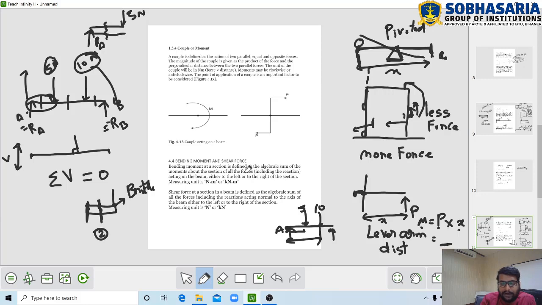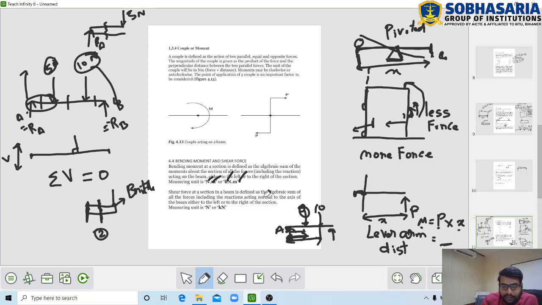So bending moment of a section is defined as the algebraic sum of the moments including the reactions either to the right or to the left of the beam. Since the bending moment is the force into the perpendicular distance, the unit is force, that is Newton, and distance, that is meter. Like here it can be kilonewton meter.